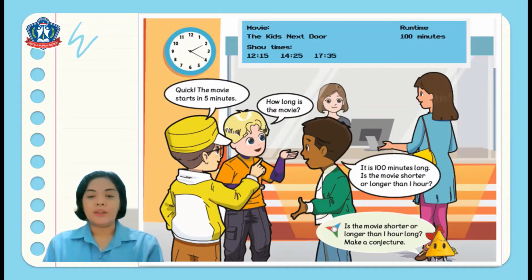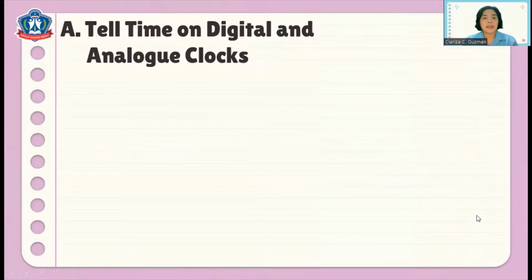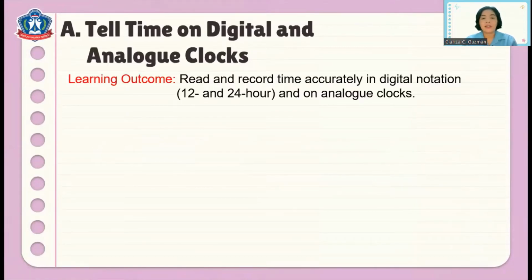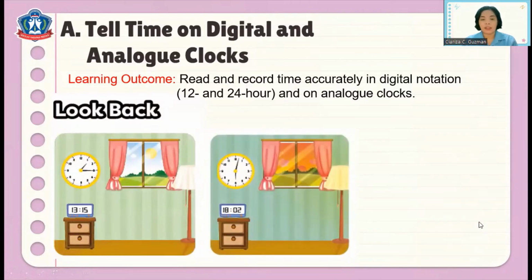Okay, let's continue. Let's start with Lesson 1, Tell time on digital and analog clocks. The learning outcome for this lesson is to read and record time accurately in digital notation, 12 and 24-hour, and on analog clocks. So I have here three pictures of clocks.